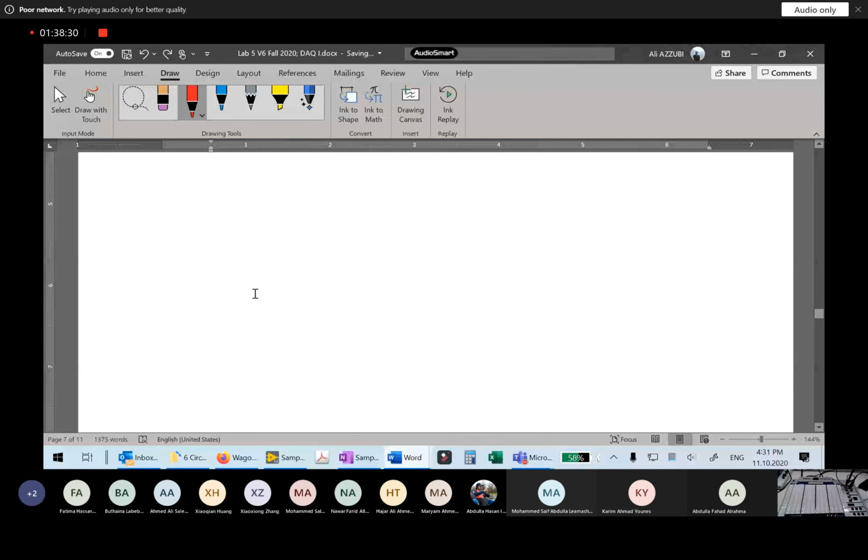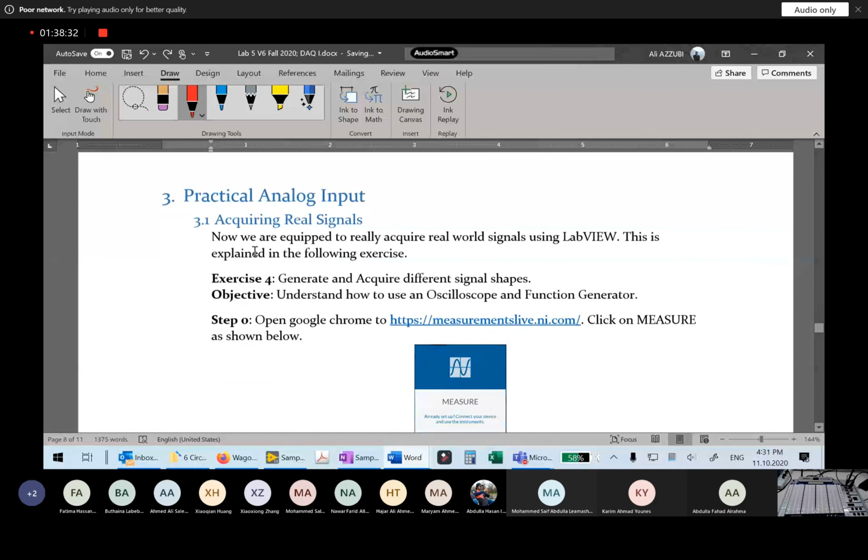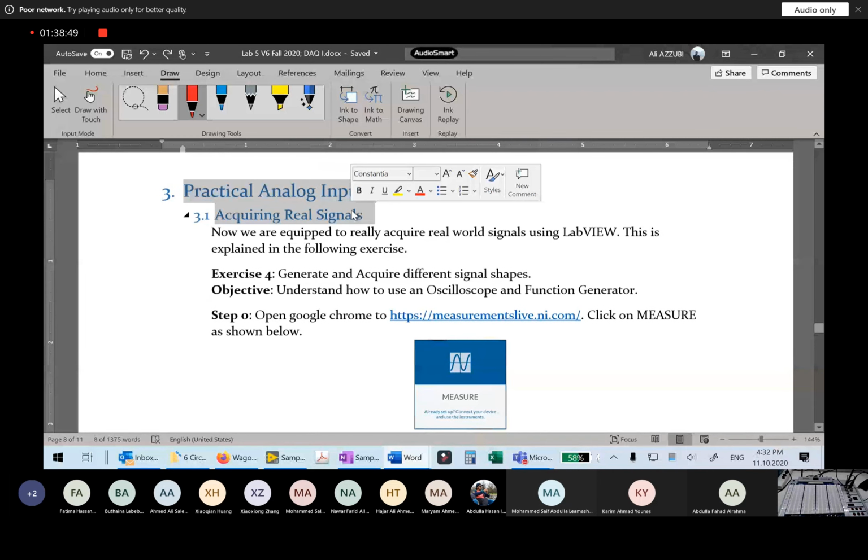Right, so I will jump directly to practical analog input. This is where we will connect to our hardware, and basically this is where the fun begins. Any question before we begin with practical analog input? All right, so what I will do here is utilize the Elvis board here in the lab.